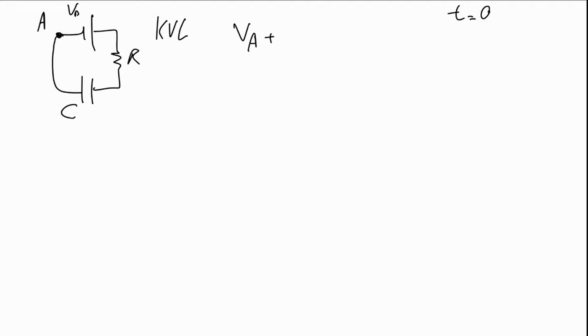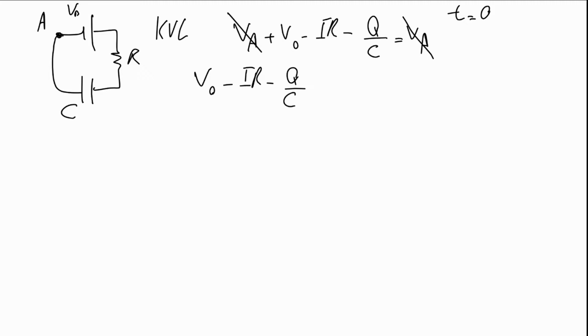V of A plus V0 minus IR minus Q over C equals V of A. So the V of A on both sides of the equation cancels, and we have V0 minus IR minus Q over C equals 0.